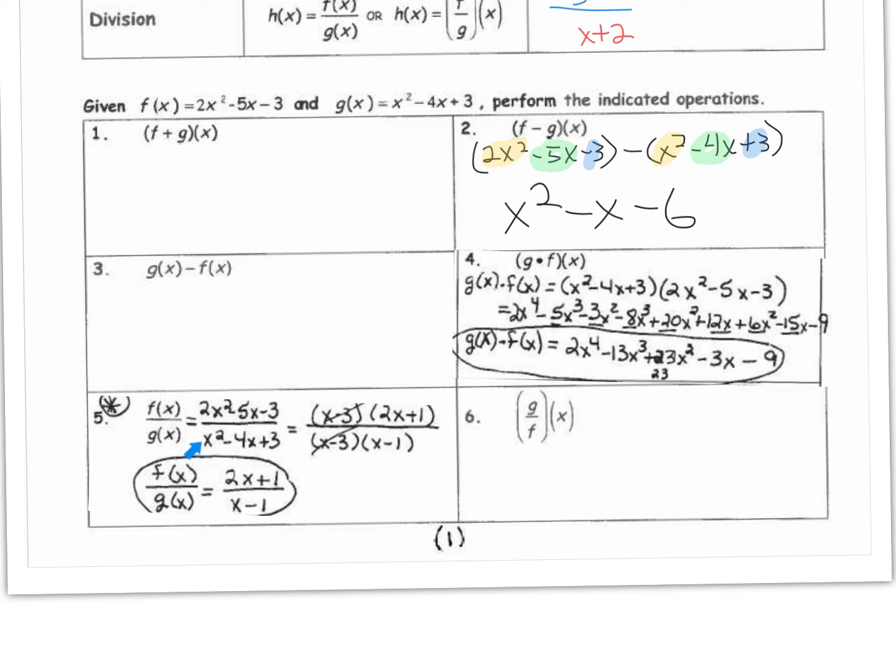Same thing here. This bottom one, we found the factors of 3 that add to negative 4. It was negative 3 and negative 1, and that's factored x minus 3 times x minus 1. Now, when we do that, you see that the numerator and the denominator share a factor of x minus 3, so those end up canceling. And your final answer would just be 2x plus 1 divided by x minus 1.